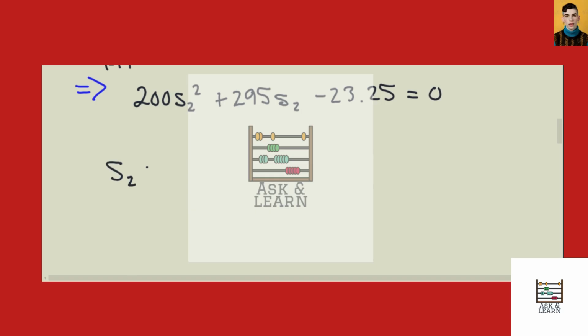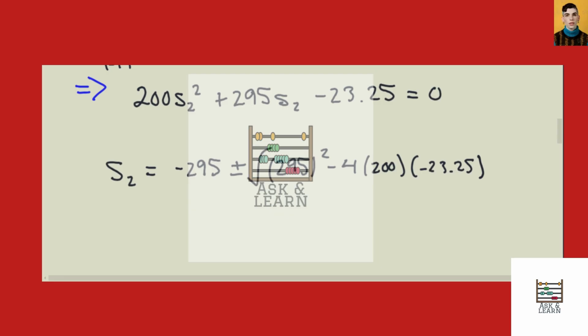So S2 will equal minus 295 plus or minus the square root of 295 squared minus 4 times 200 times minus 23.25.